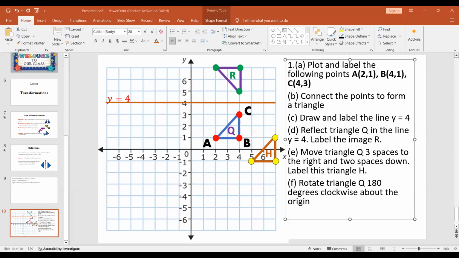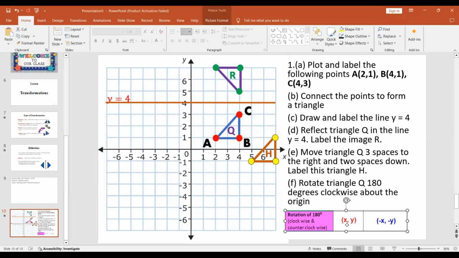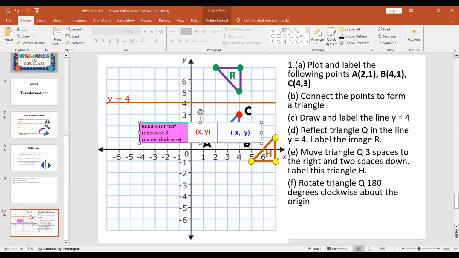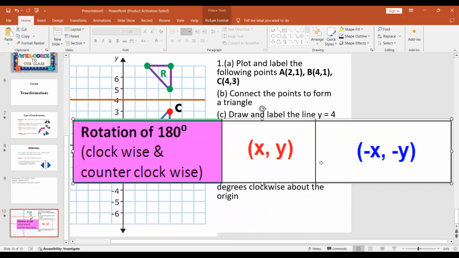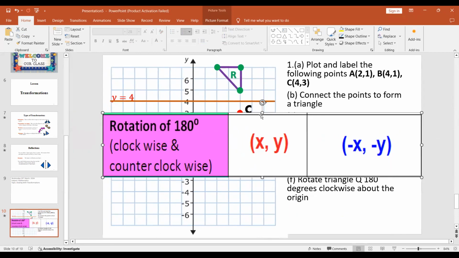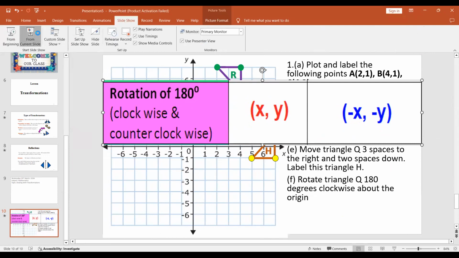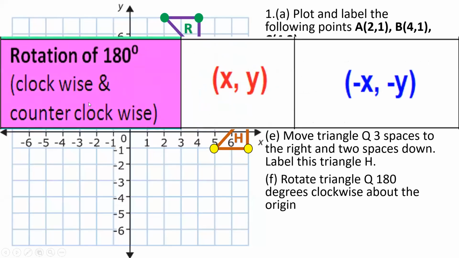If we are rotating something 180 degrees, whether it be clockwise or counterclockwise, you're going to take your coordinates, regular coordinates (x, y), and then negate both of them. You negate the x and you negate the y.